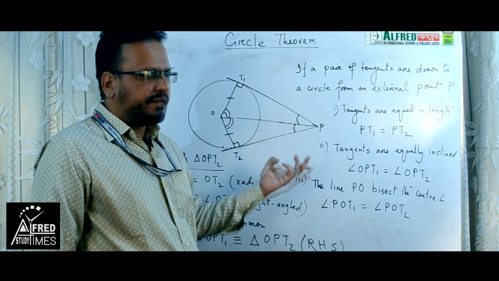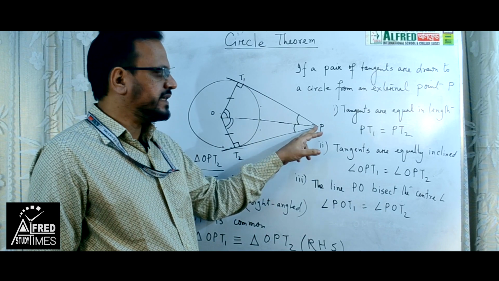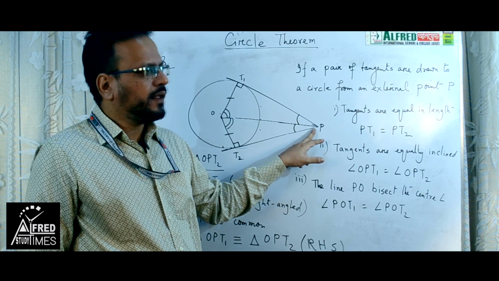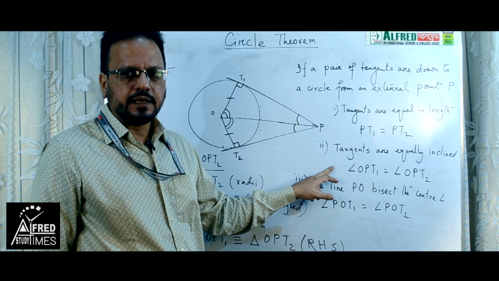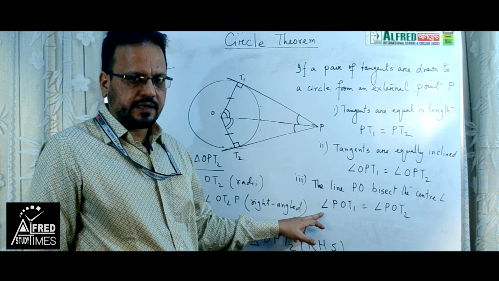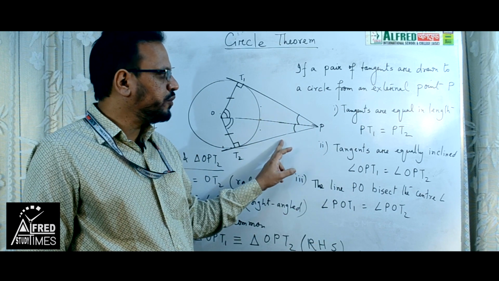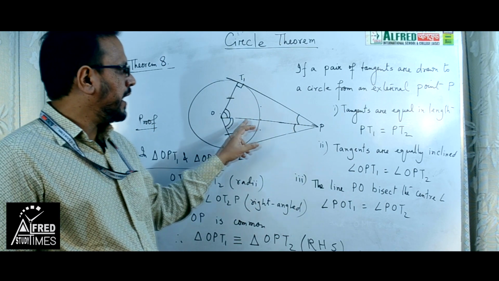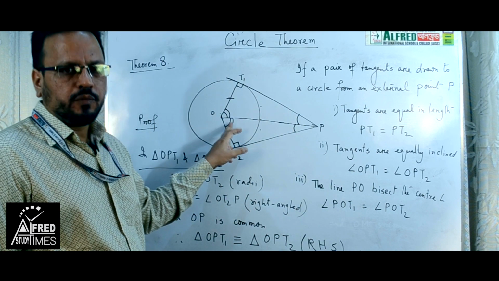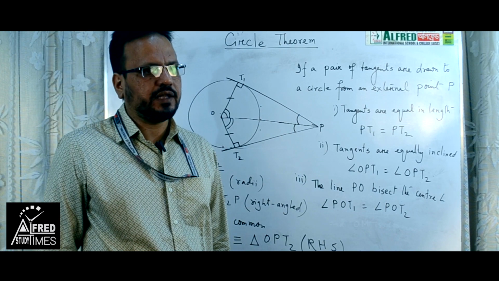So from here we learn three things. If we draw a pair of tangents from an external point P, then tangents are equal in length, equally inclined, and the center angle is bisected. So PT1 equals PT2, angle OPT1 equals angle OPT2, and angle POT1 equals angle POT2. So we have learned this one.